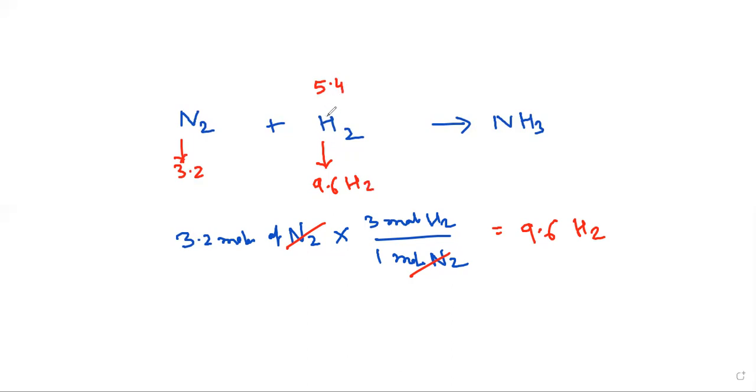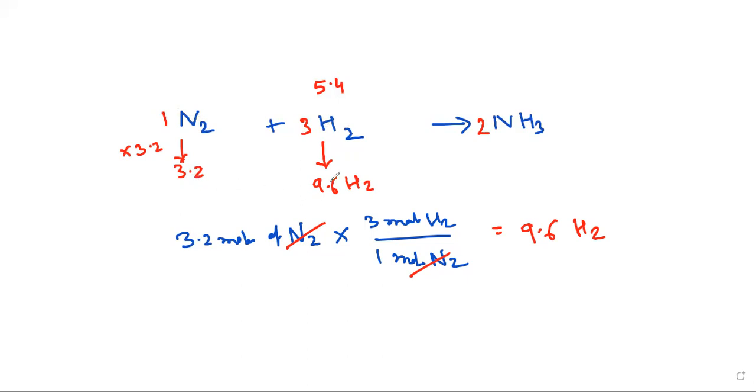The coefficients are 1, 3 and 2. So 1 mole of N2 means you simply multiply by 3.2 and you get 3.2 moles of N2.